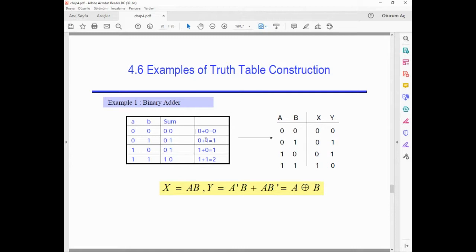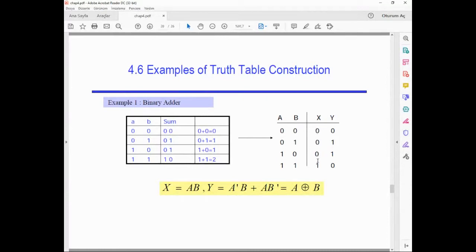This is a binary system, as you know. Just 1 plus 1 equals 2. What does it mean in binary? It means 1 0, right? Because 2 power of 0 means 1, and 2 power of 1 means 2. A, B are inputs, X and Y are outputs.